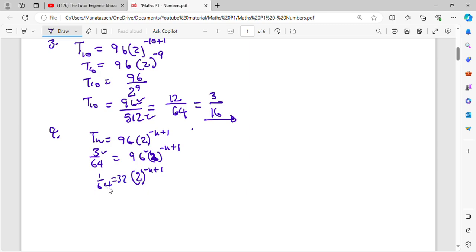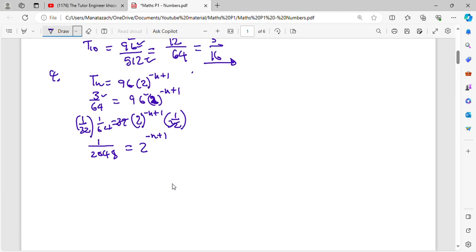So we'll take this and divide both sides by 32. So it will give us 1 divided by 2048 is equal to, here 32 and 32 will cancel, then here we'll be left with 2 to the power minus n plus 1.